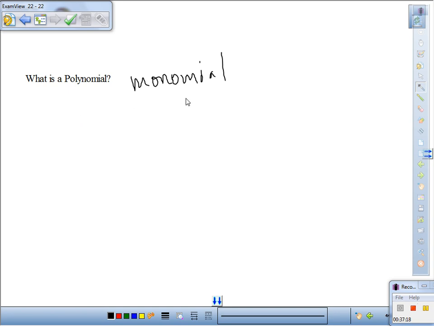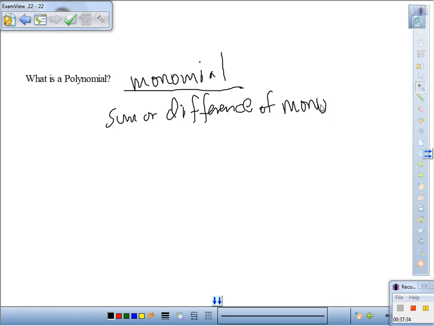Okay, close. It is a monomial. You started off well, and then you said sum or difference. Check this out. Of monomials. It has to be plural because you can't sum or difference only one monomial. It has to be at least two or more, right? You understand? Yeah. So it could be a monomial or sum or difference of monomials.